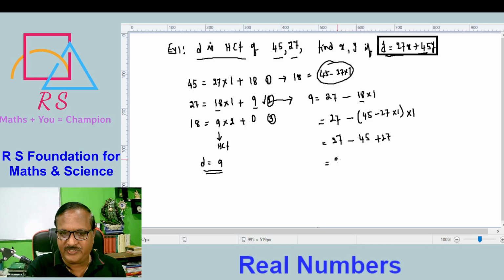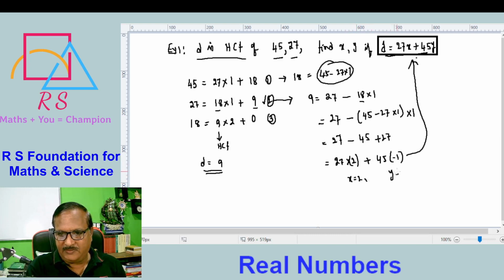So there are two 27s, 27 into 2, but here we have plus, so here also we will write plus. 45 only 1 is there, we will write minus 1. If you compare this with this equation, x is equal to 2 and y is equal to minus 1. Therefore x is equal to 2 and y is equal to minus 1.